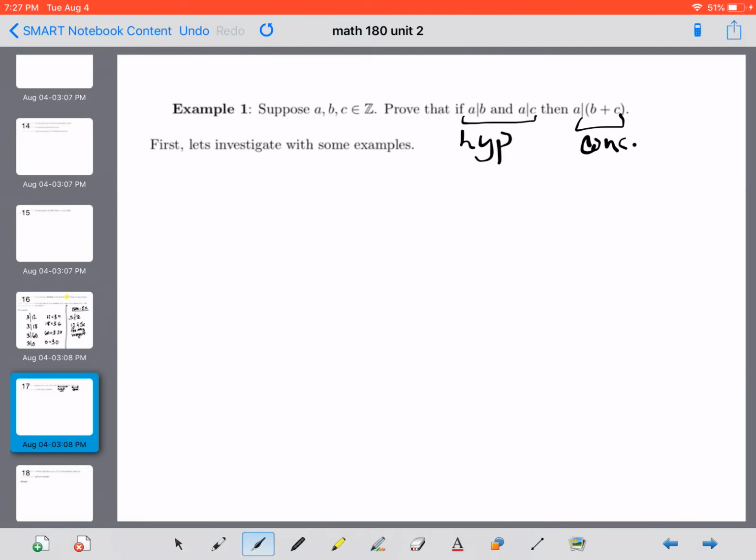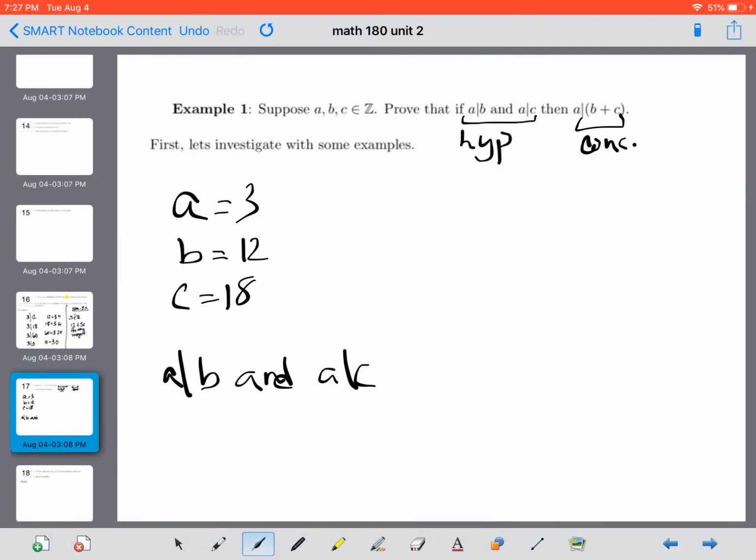So if a divides b and a divides c, let's say I let a be equal to 3, b be equal to 12, and c be equal to 18, then it's true that a divides b and a divides c, because 3 divides 12 and 3 divides 18.